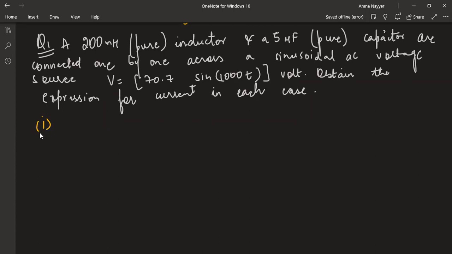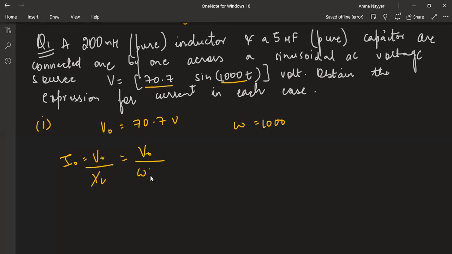See, peak value of current is what? From this equation, this is V naught. Peak value 70.7 volt. And omega is given. Omega is 1000. Correct answer, Salman. So for inductor, this will be V naught by XL.